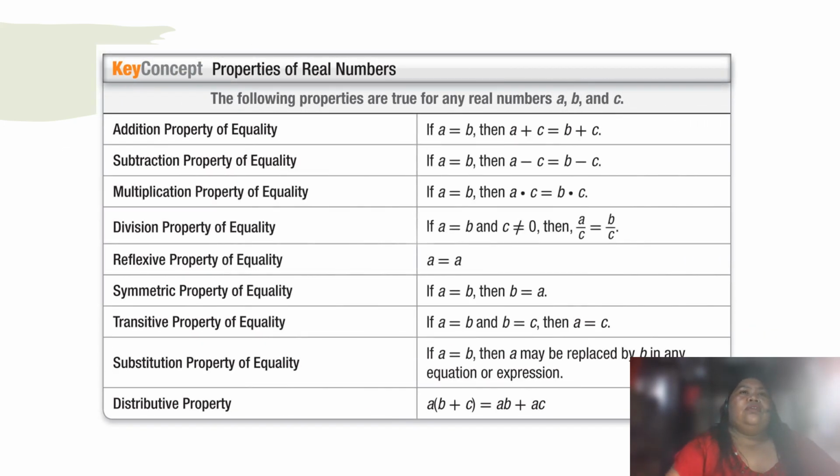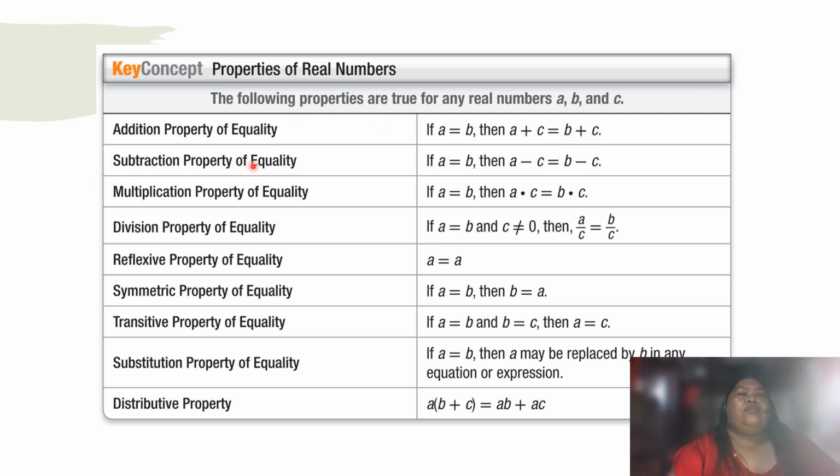Okay, so here are key concepts. The properties of real numbers, of course. The following properties are true for any numbers a, b, and c. So addition property of equality, of course, if a equals b, then a plus c equals b plus c.